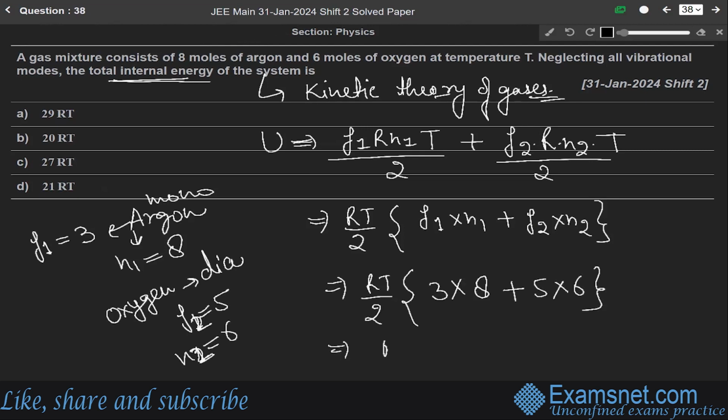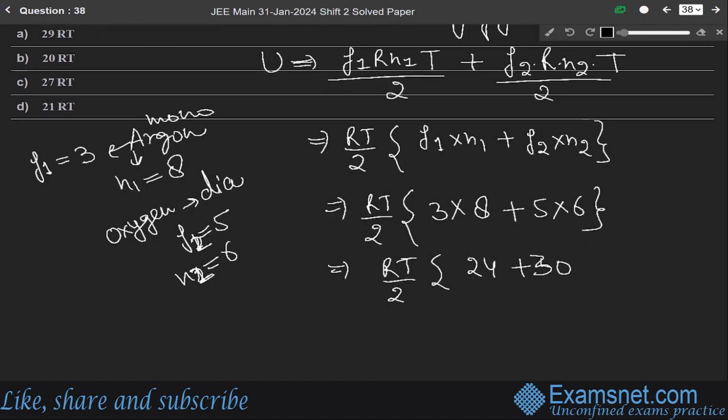Now calculating it, we get RT by 2 into 24 plus 6 fives are 30. So we get 54.